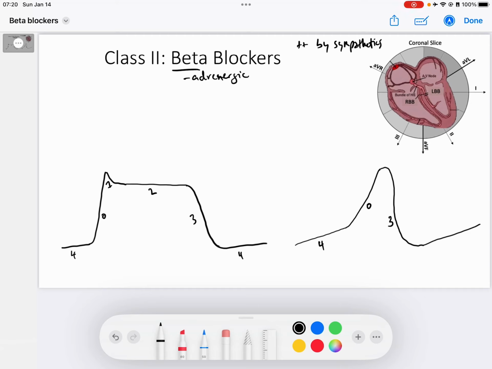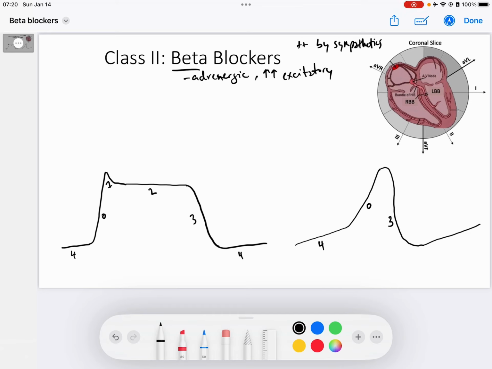These receptors are very excitatory, so by blocking them we can decrease our cardiac excitability.